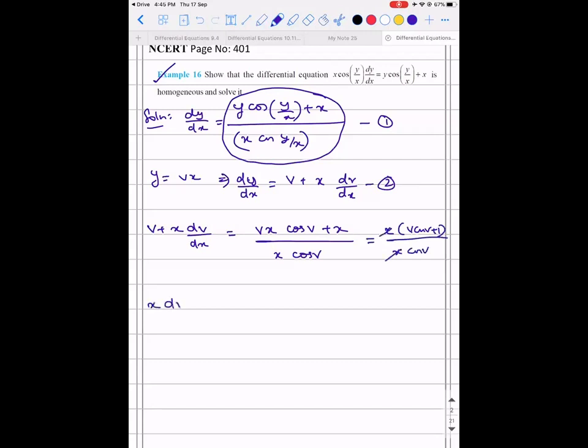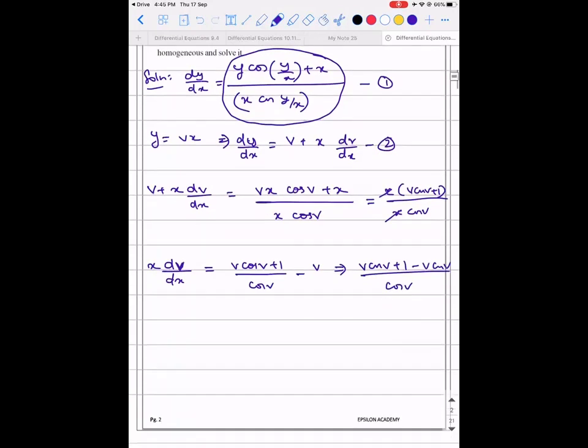Now what is x into dv by dx? v cos v plus 1 divided by cos v minus v, which implies v cos v plus 1 minus v cos v, the whole divided by cos v. Right? v cos v will get cancelled. cos v into dv is equal to dx divided by x.